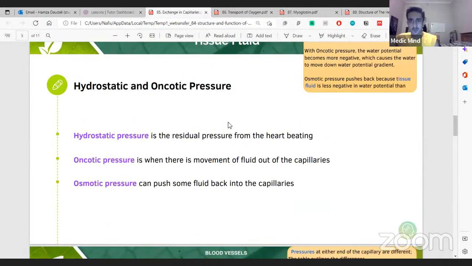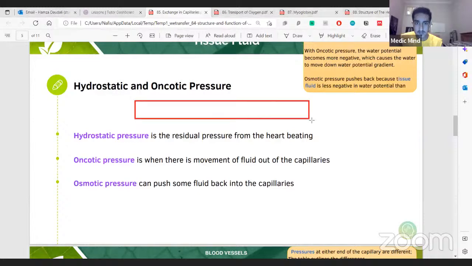And how is tissue fluid formed? There are two pressures that you need to understand. There's the hydrostatic pressure. If you imagine that this is your capillary, you have the arterial end and you have the venous end.